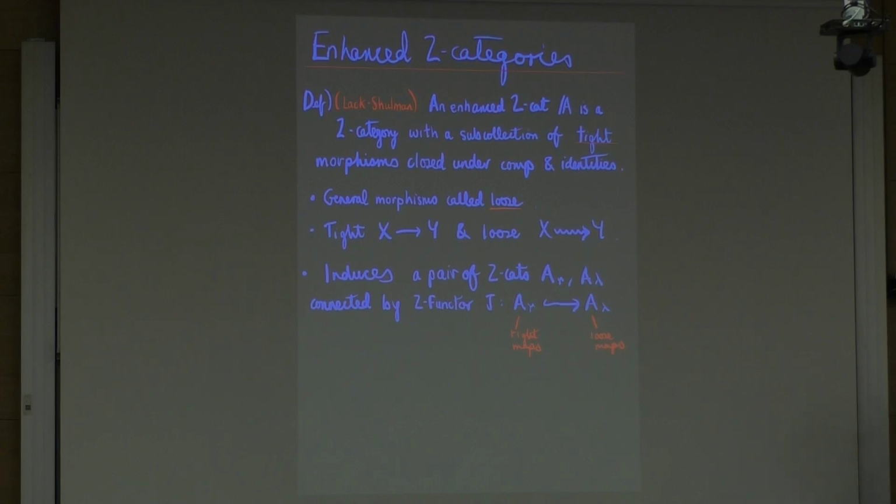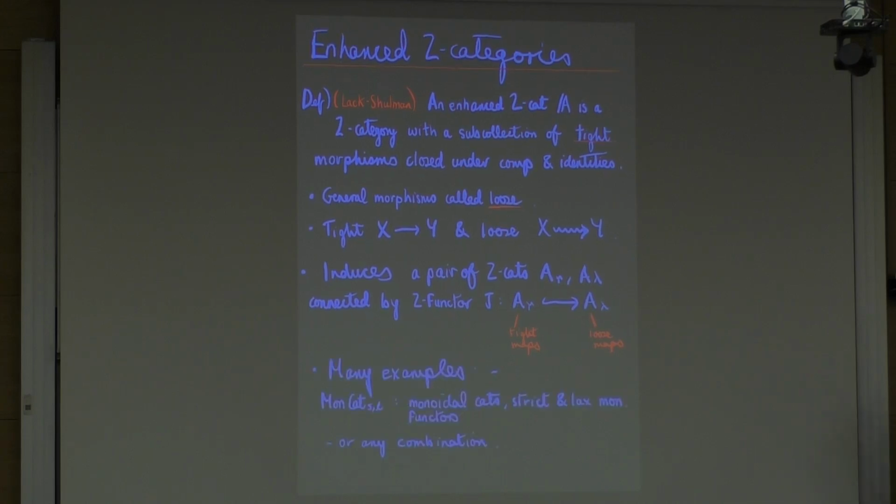And so, okay, just a small note. Each enhanced 2-category, of course, has a pair of 2-categories associated to it, the whole one, sometimes noted like this, of loose maps, and then you can restrict to the tight maps but take all 2-cells between them. And then you can indeed characterize the enhanced 2-categories as 2-functors like this with an additional property or two. I won't bother to do it.